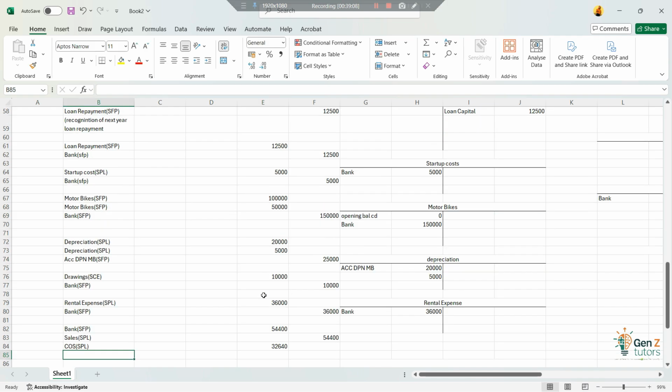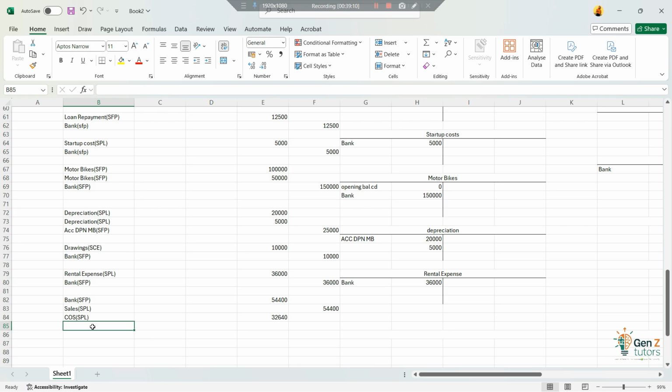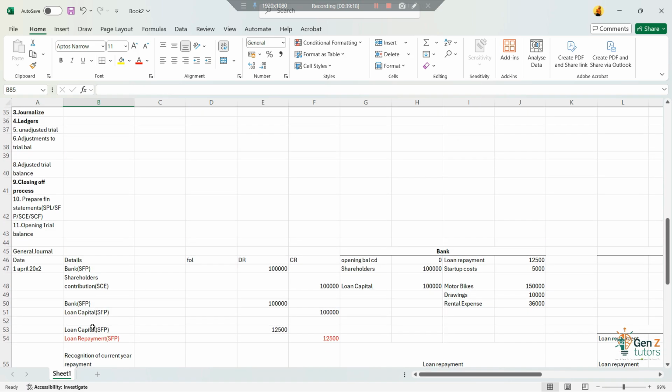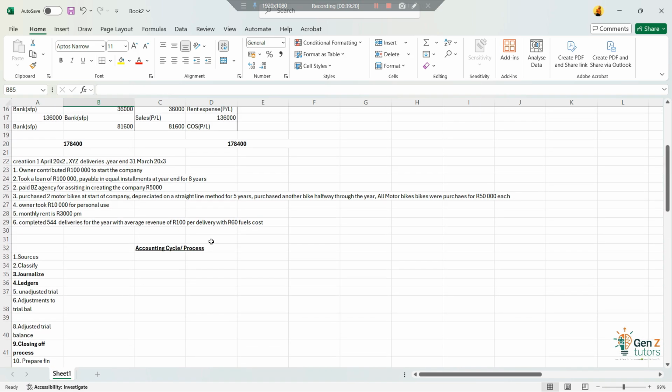I want you to remember that now on the credit, we are not going to credit inventory for the cost of sales. We do not have any fuel tank, the fuel tank is the one that's on the vehicle only. We do not have any fuel reservoir or anything like that. Since the business is still new, we have not purchased a reservoir tank to store our fuel in, so that we can have inventory of fuel.